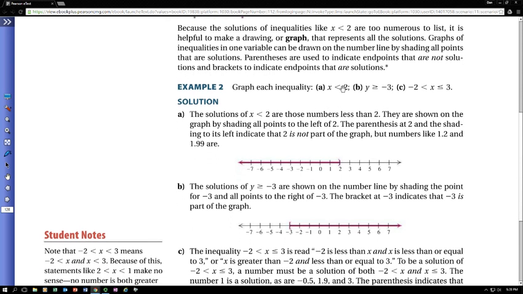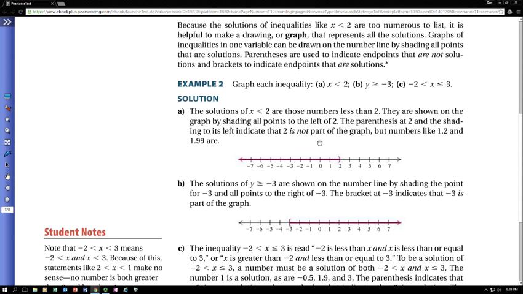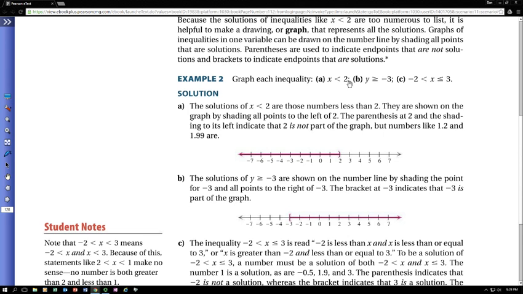And when I say that, that pretty much tells me where the graph is going to go. Now, because it's not equal to 2, there's no equals part to that, we put a rounded bracket at 2, and then we highlight or shade in the areas of all the solutions and show the direction that it's going.